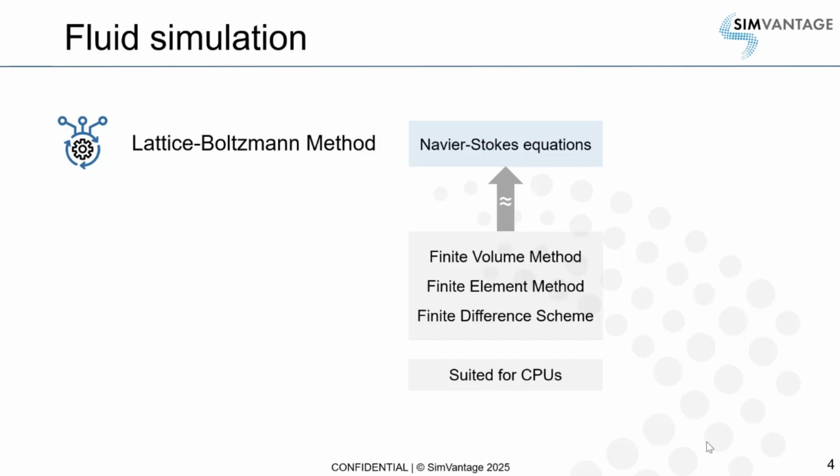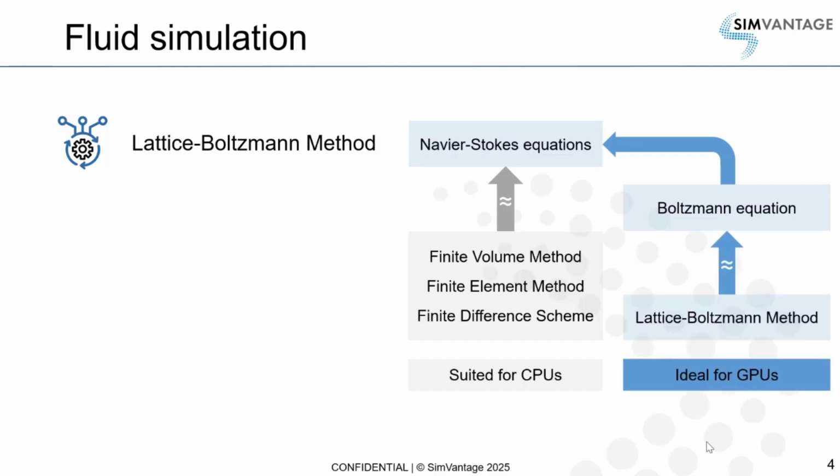But this was very well suited for CPUs, for central processing units. But now there is the new possibility that you use the Boltzmann equation, which is the equation of statistical mechanics, to directly bring these equations together and then approximate this Navier-Stokes-Boltzmann equation with the lattice-Boltzmann method.